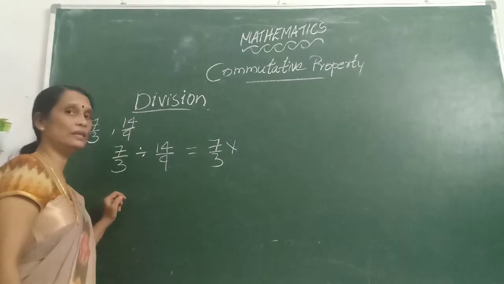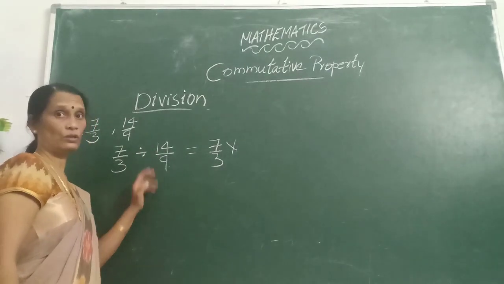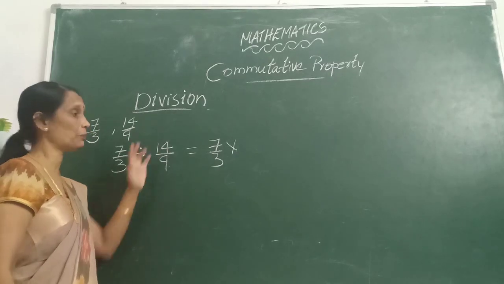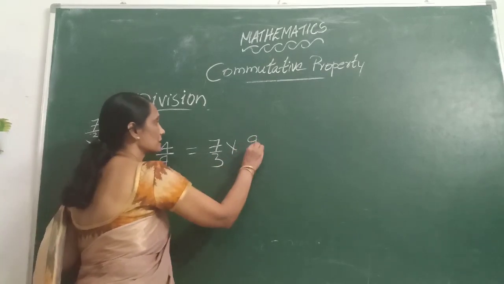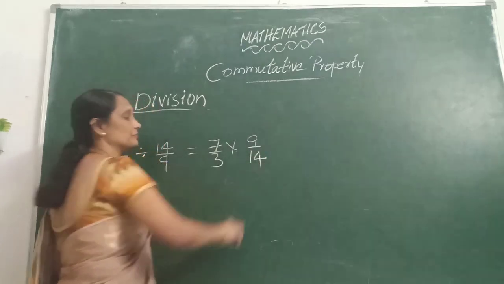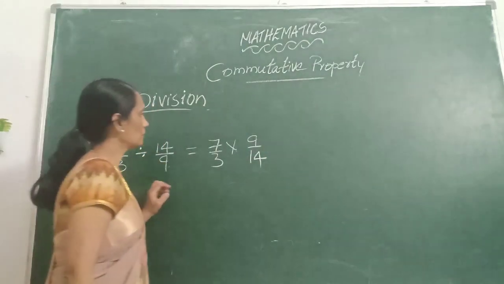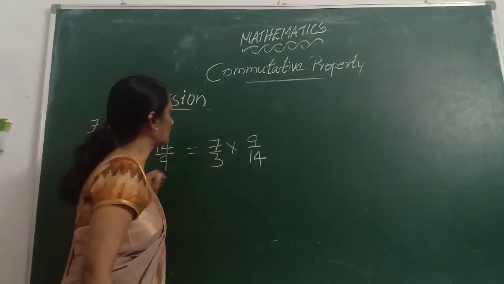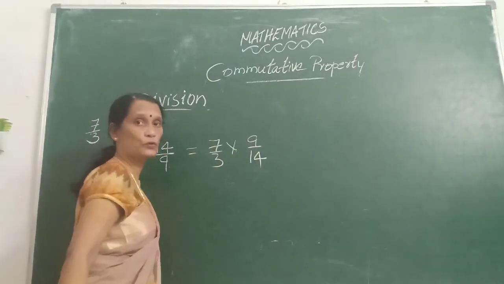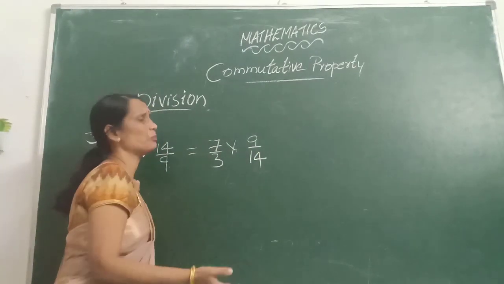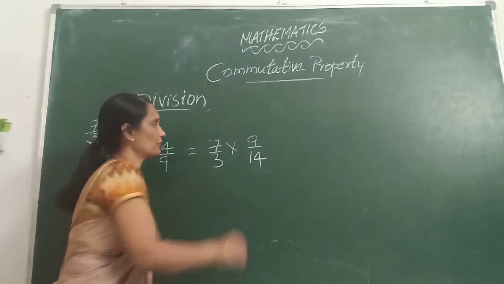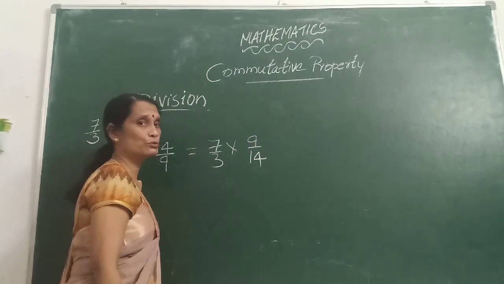What is the multiplicative inverse of 14 by 9? That is 9 by 14. Can we cancel everything, or shall we multiply directly? Yes, cancellation is possible. In multiplication and in division, if cancellation is possible, you have to do that first.